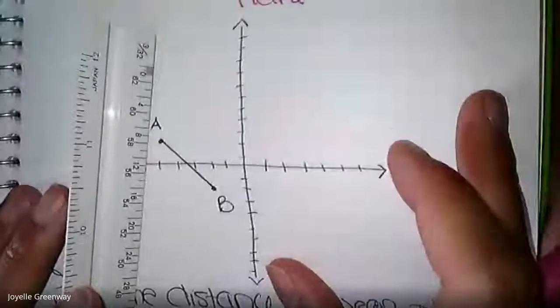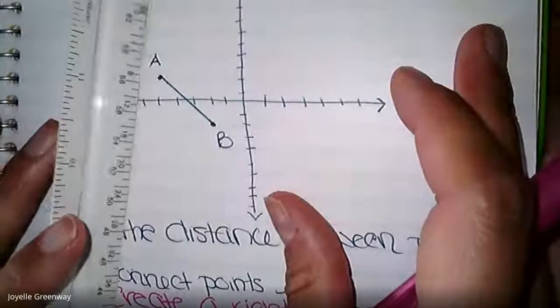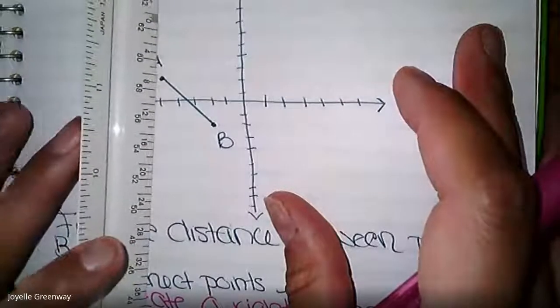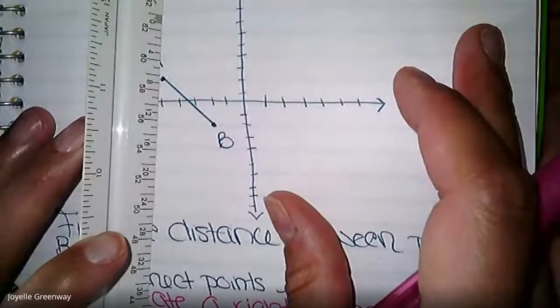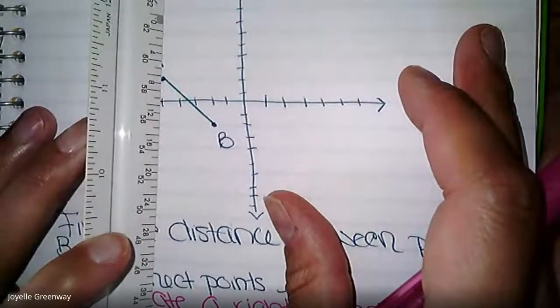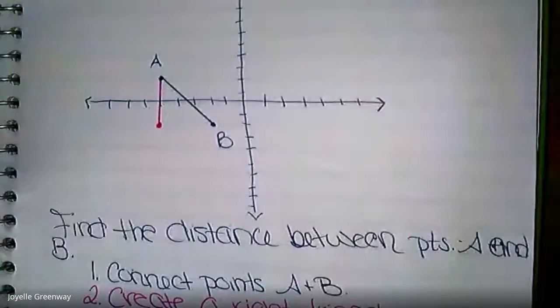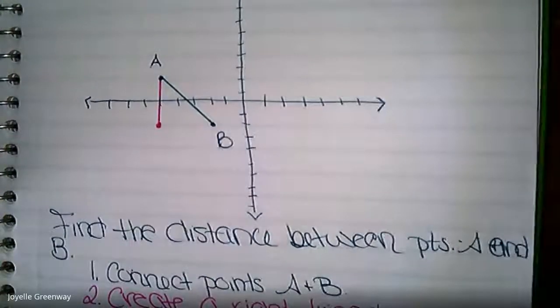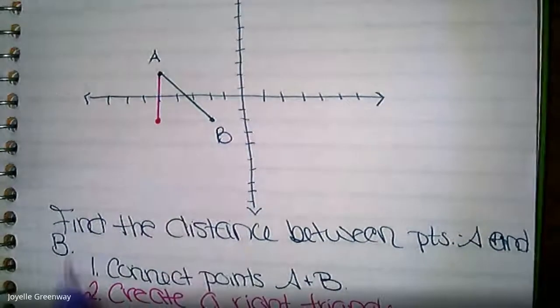So for example, you can start with either point, A or B, I'm going to start with A. And so I'm going to draw a line down from A to B, like this. Okay? So that was step 2.